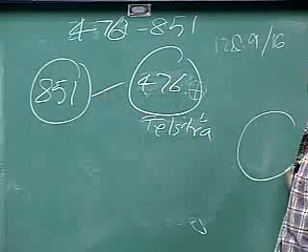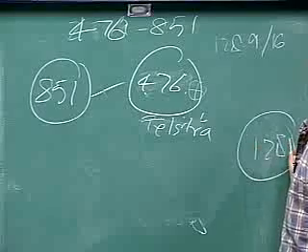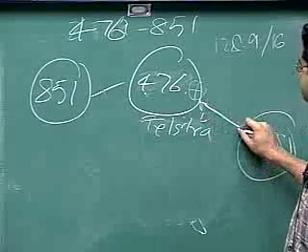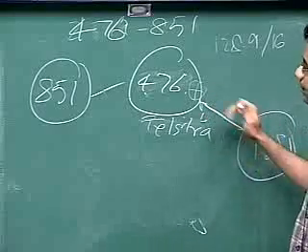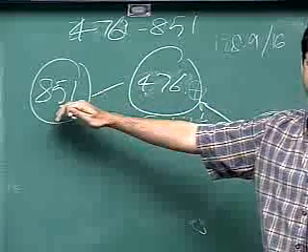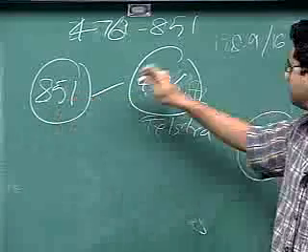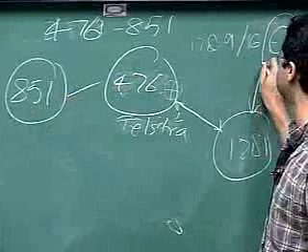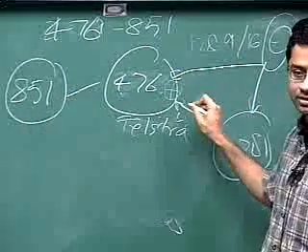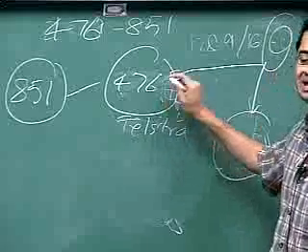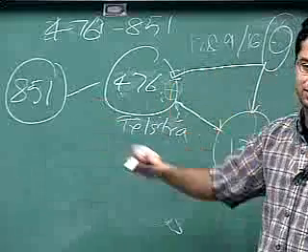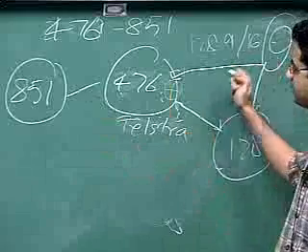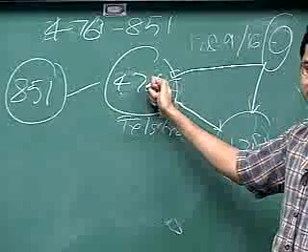And other autonomous systems which are connected to this will have a 2-hop path to 851. So routers here, if they have a choice of going this way or this way, typically they'll choose this path. There might be policies which might prevent them from taking this direct path.